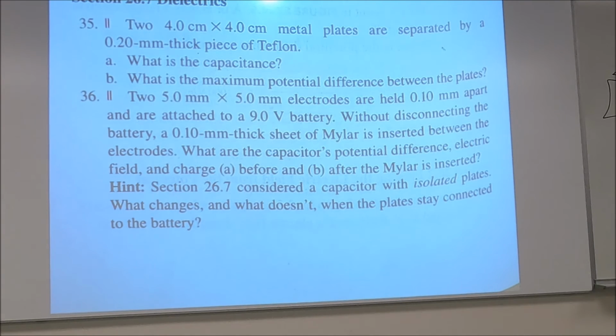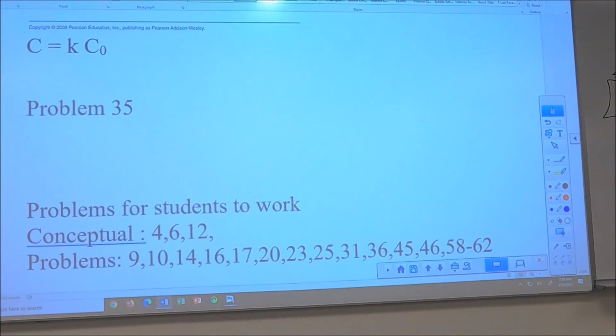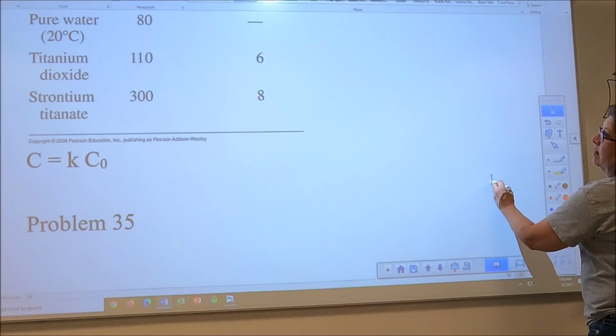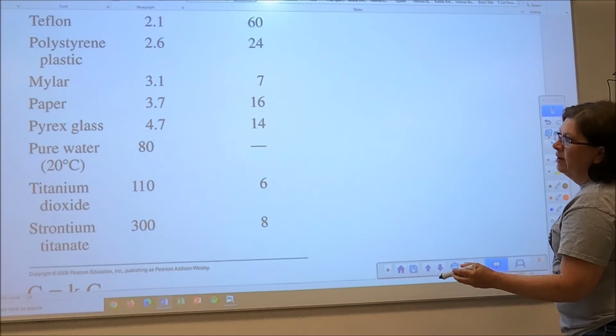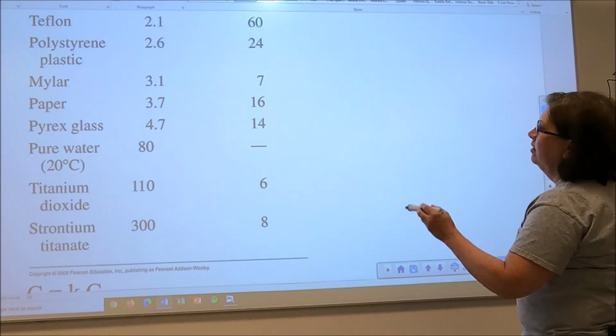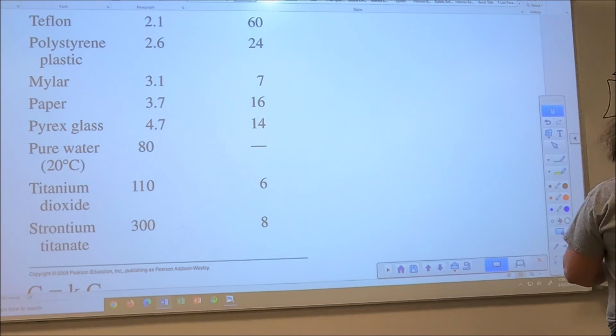All right, now I've written that down. Let's go back to looking at our equations. Let's scroll down here a little. Number 1, we're dealing with Teflon, so our K is 2.1.